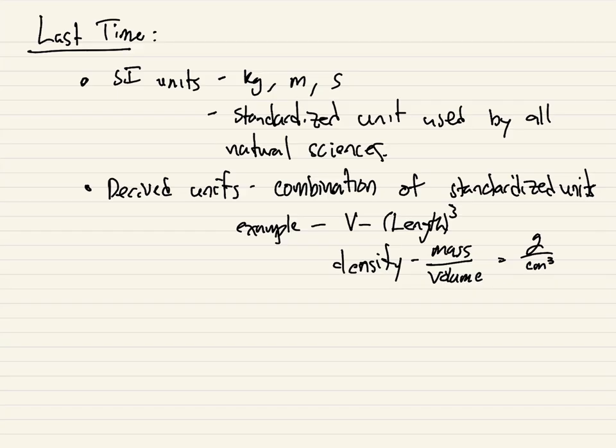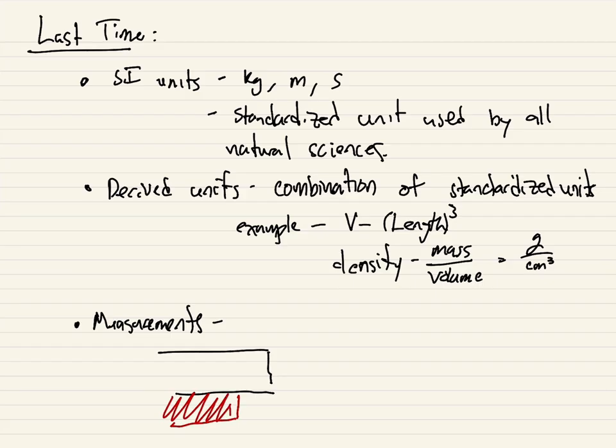And then we talked about measurements a bit, right? And when we talked about measurements, we talked about certainty or uncertainty in numbers. And if we're taking a measurement of something, so perhaps the red tape here, and this was in units of centimeters.